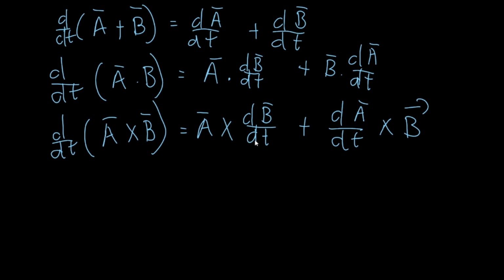So these things are fairly simple to prove, and they can be easily illustrated. But that's not really the point of this. It's just to show how the derivative should be taken.